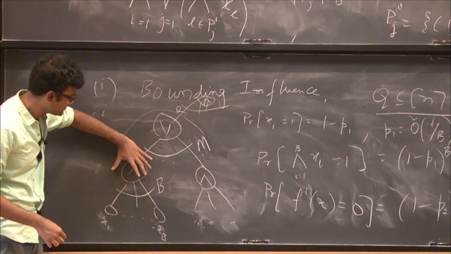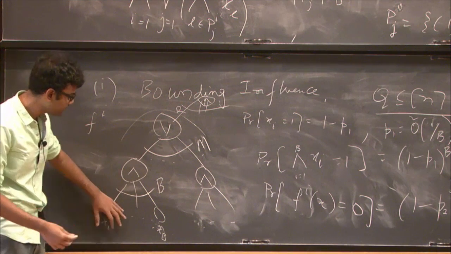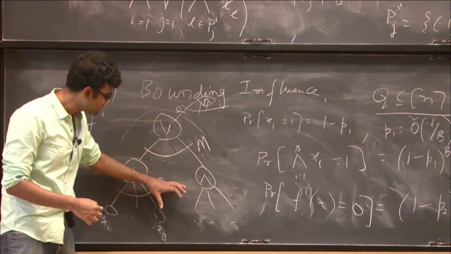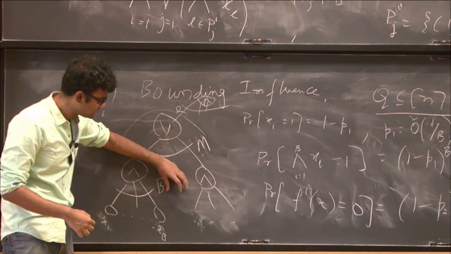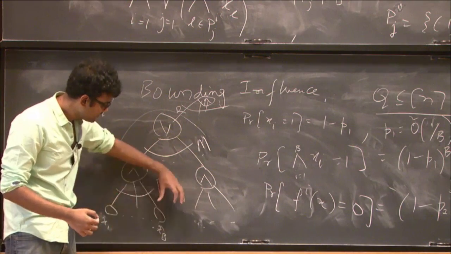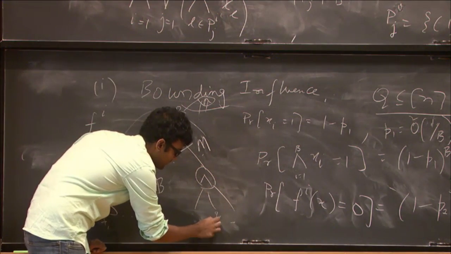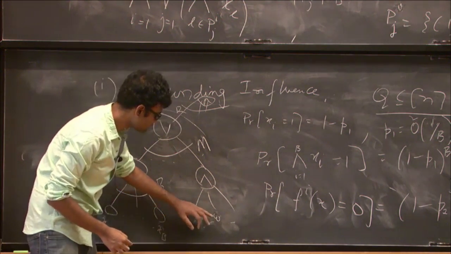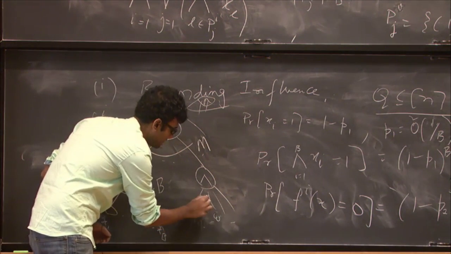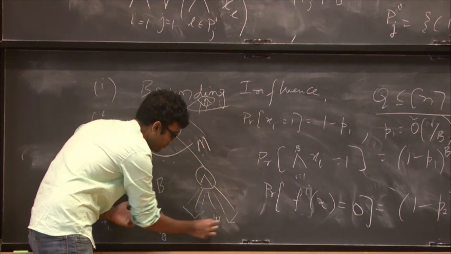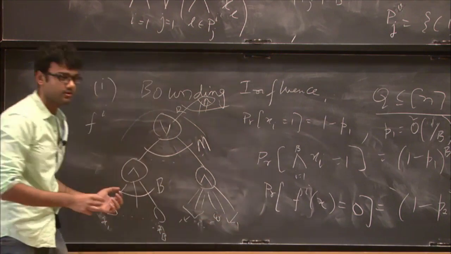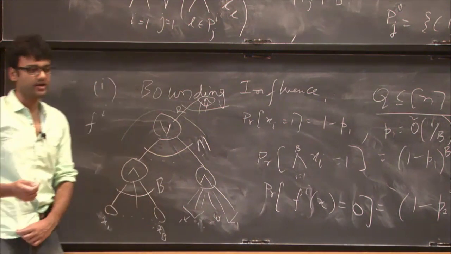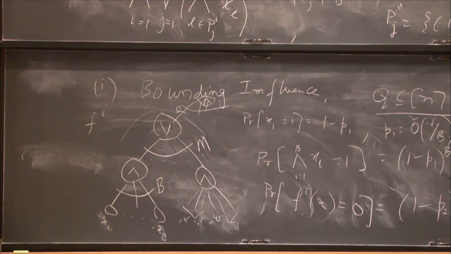We also want at least one AND gate which has a variable from Q, say W, to have a 0 in it, and all the other variables in it to evaluate to 1.